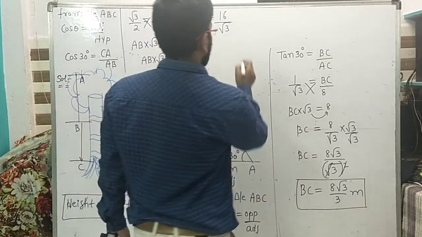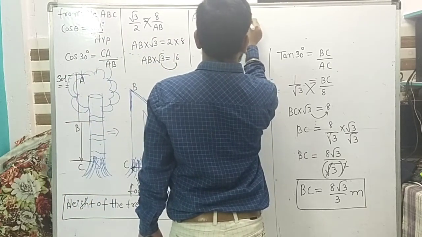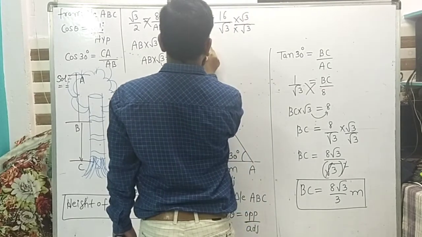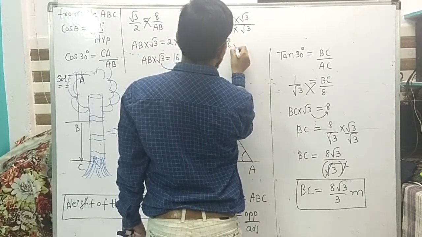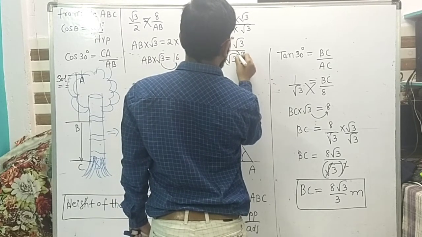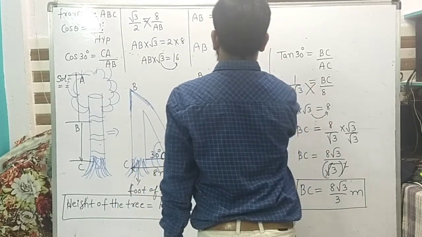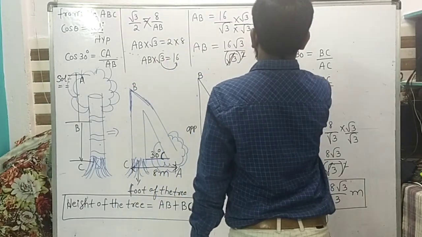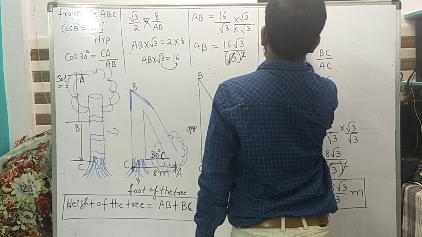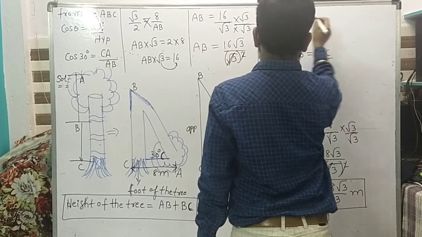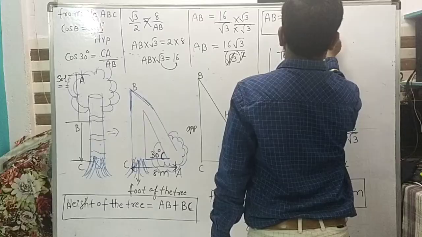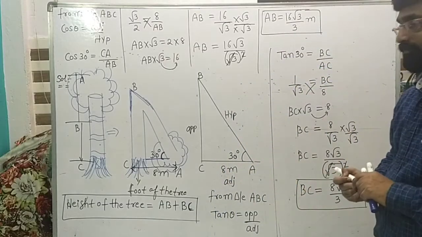So we go with rationalization, multiplying by root 3 by root 3. So AB equals 16 root 3 by root 3 into root 3, root 3 whole squared, the square root cancels. Then AB equals 16 root 3 by 3 meters.